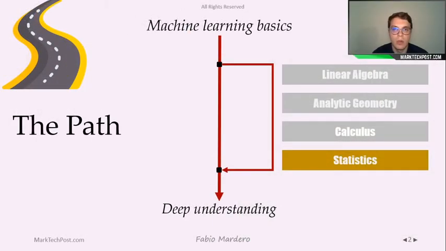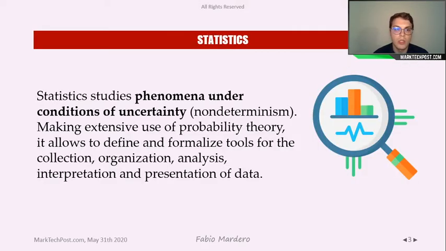In today's video, we will cover the subject of statistics, the last mile between us and the deep understanding of how machine learning works. So, statistics studies phenomena under a condition of uncertainty, a sort of non-determinism condition.